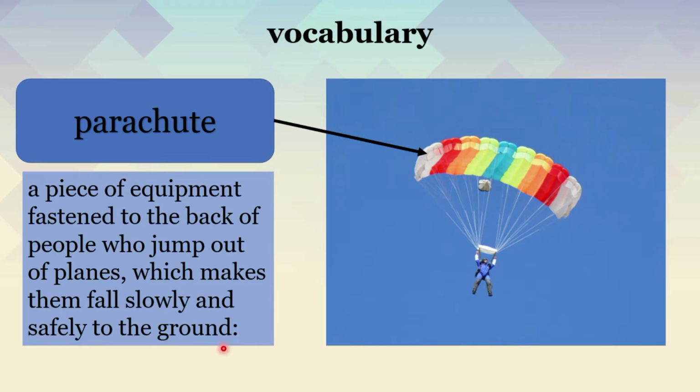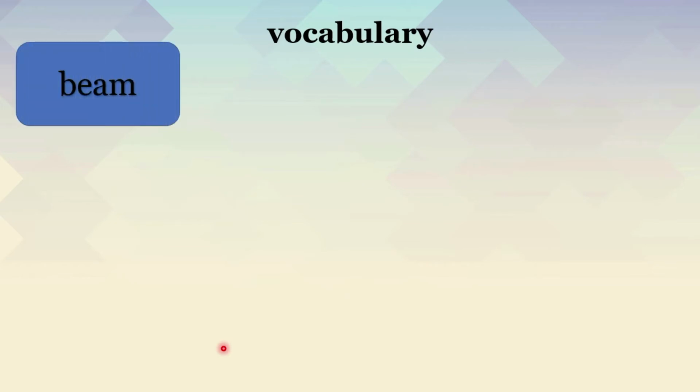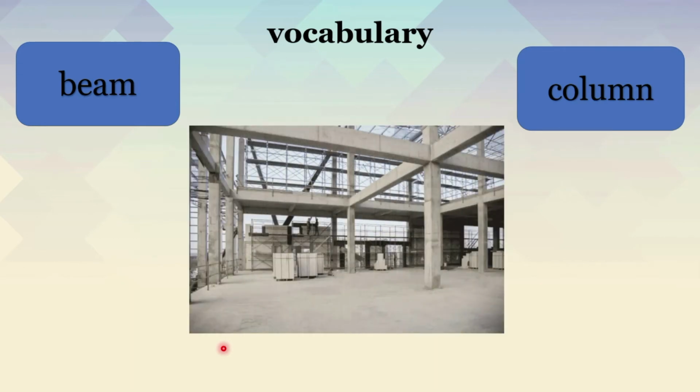Moving on to our next word, we have beam and column. Now, look at this picture here. These ones here, the horizontal ones, are called beams, and the vertical ones are called columns.